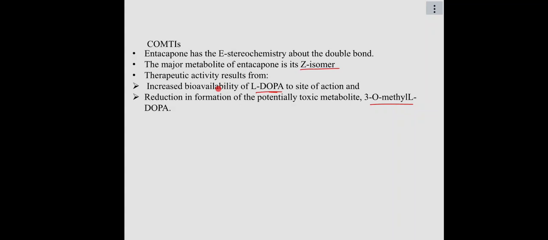So that's what we are saying. The therapeutic activity results from, one, increased bioavailability of L-DOPA, and two, reduced toxicity of this metabolite 3-O-methyl L-DOPA, because it will be formed in much lower concentrations as you have blocked catechol O-methyltransferase. I hope that is clear.